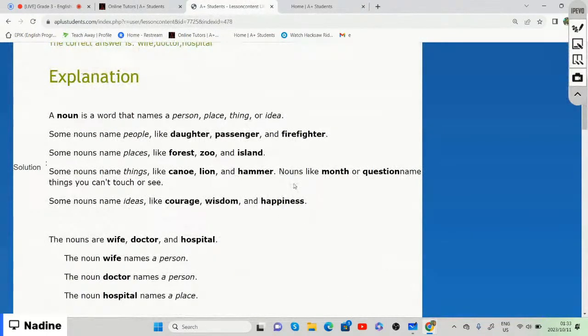And once again, we see the noun is a word that names a person, place, thing, or an idea. And some nouns name people.